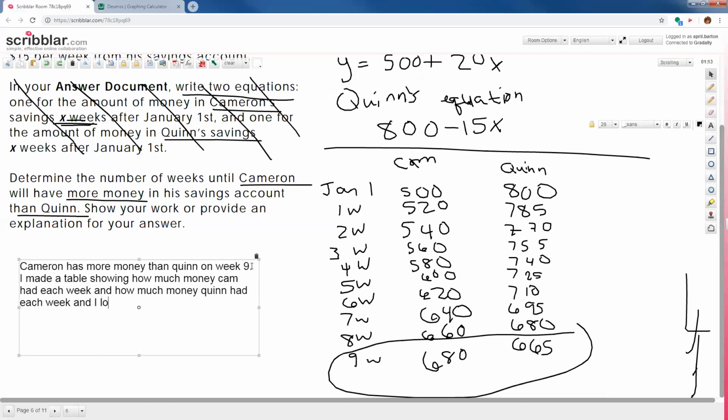And I looked for when Cam had more money than Quinn. So normally you wouldn't need to write that much. But again, I'm unsure how they're going to do it since I think all these tests are on a computer now. So you might not actually be able to write in a table. So just to kind of cover all the bases.